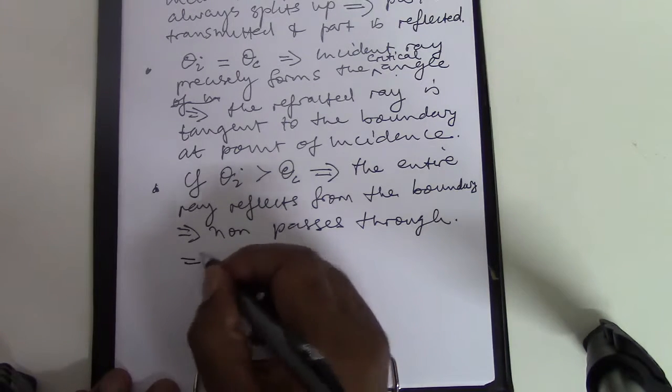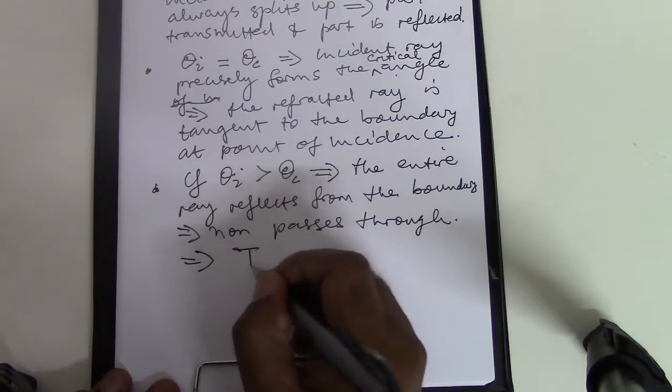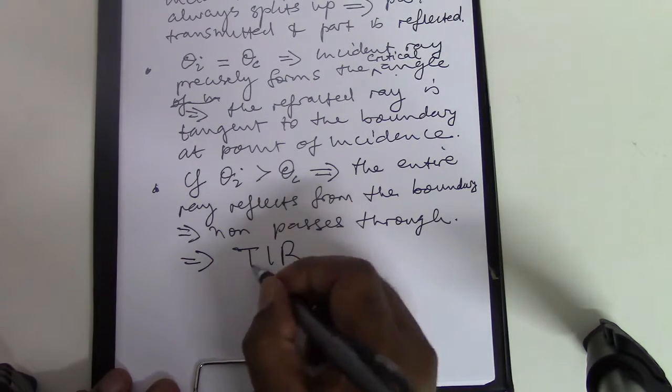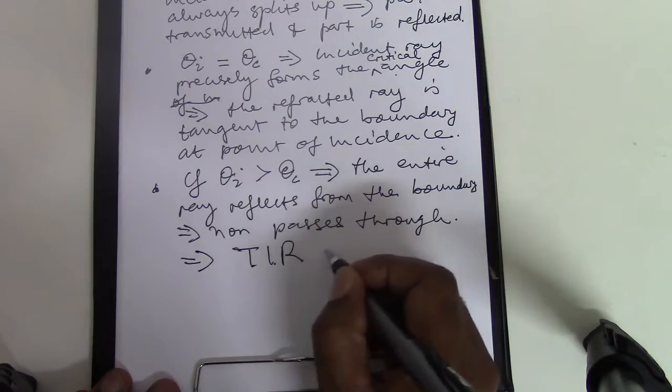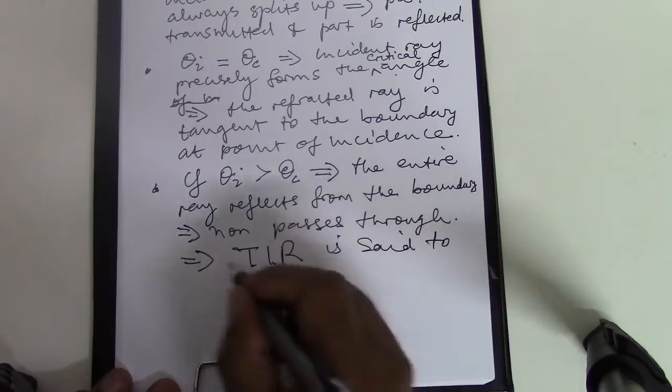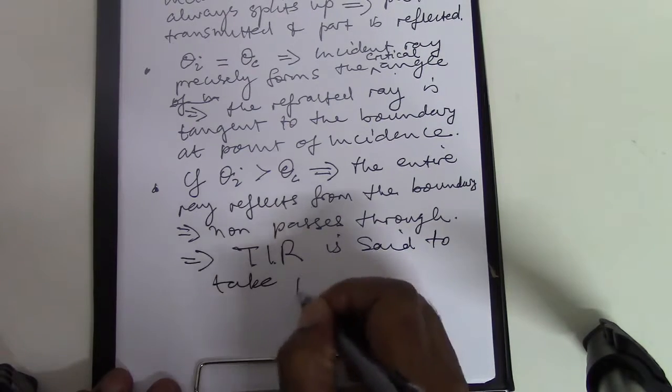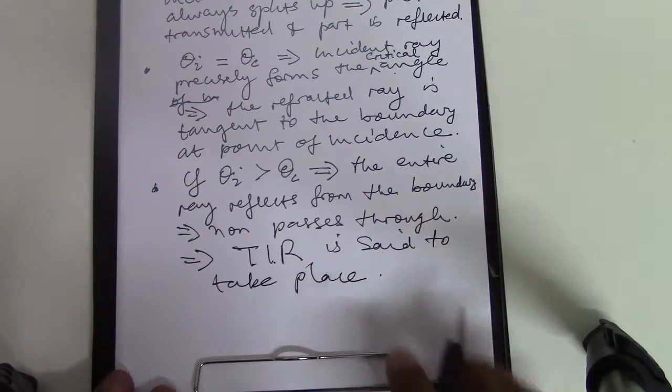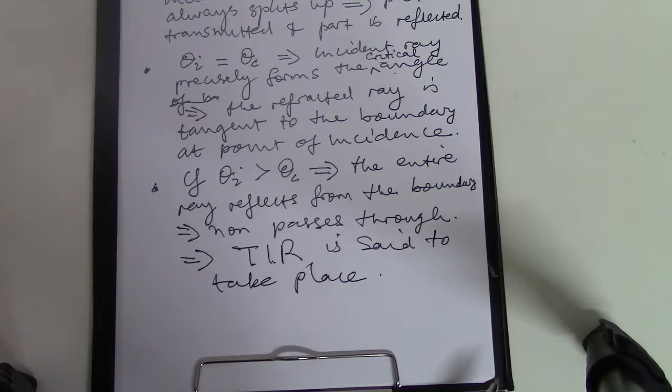So in this case, TIR, in other words, total internal reflection, is said to take place. So you should be able to represent this diagrammatically.